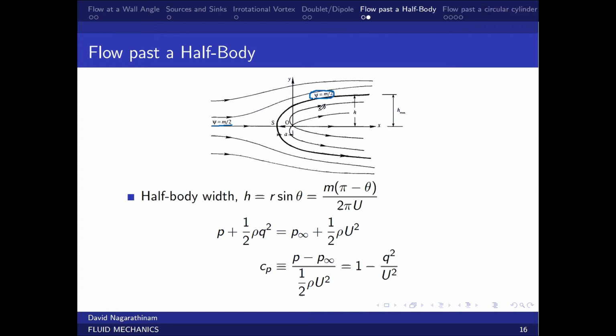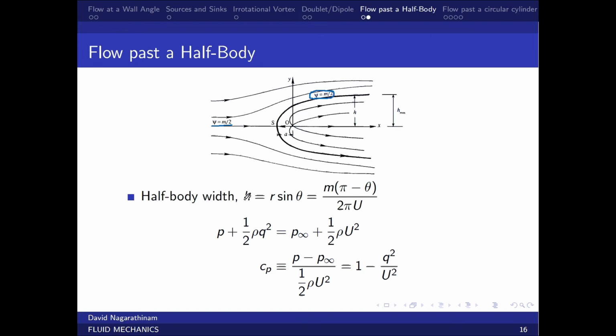The dividing streamline divides the flow that is away from the half body and the flow that is due to a source kind of a flow. The flow due to a source is bound within the line psi is equal to m by 2. The flow due to the uniform stream is divided by this particular psi is equal to m by 2 line.